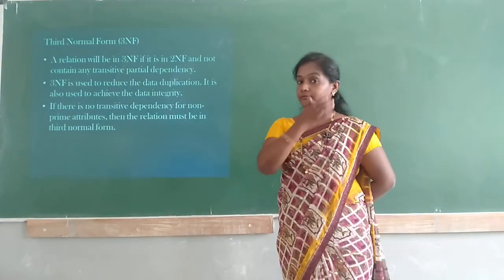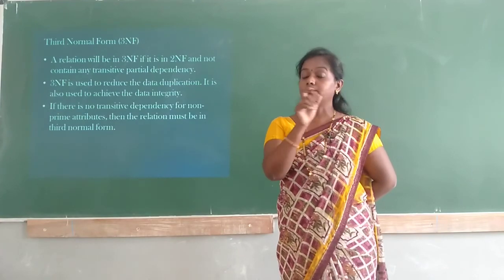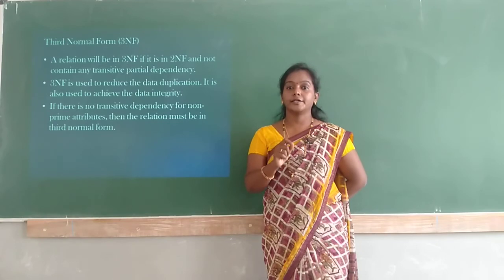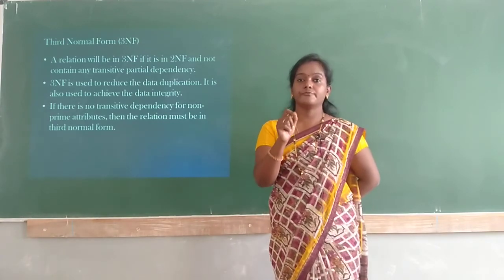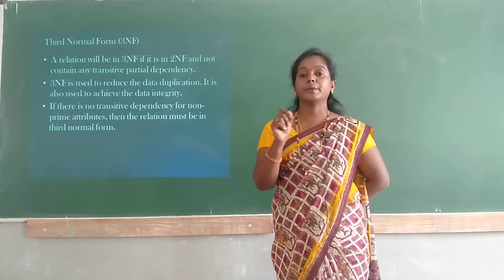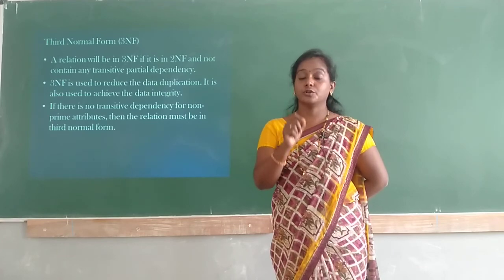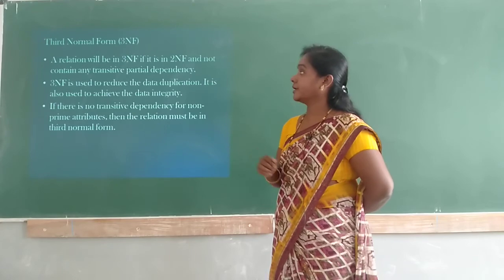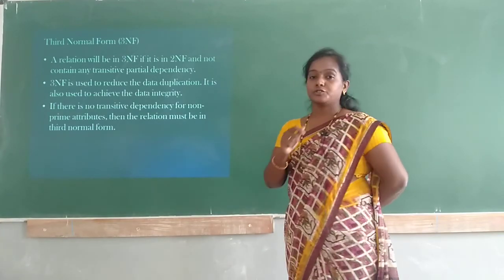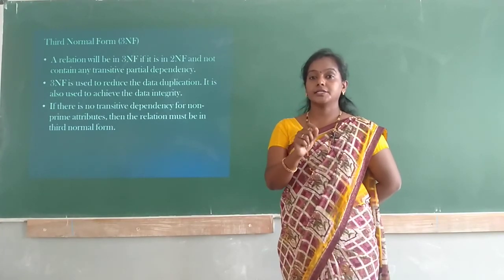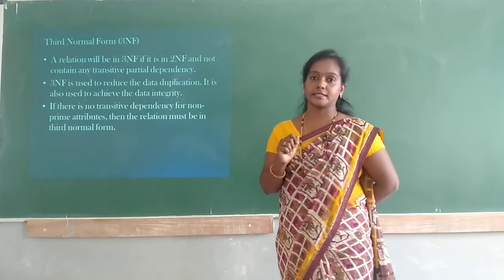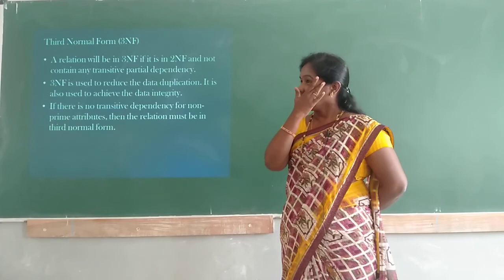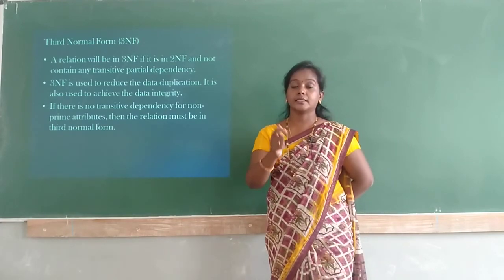Third normal form. What are the conditions for a relation to be in third normal form? The first condition is it should be in second normal form. It should satisfy 2NF, and it should not contain any transitive dependency. So what is transitive dependency?